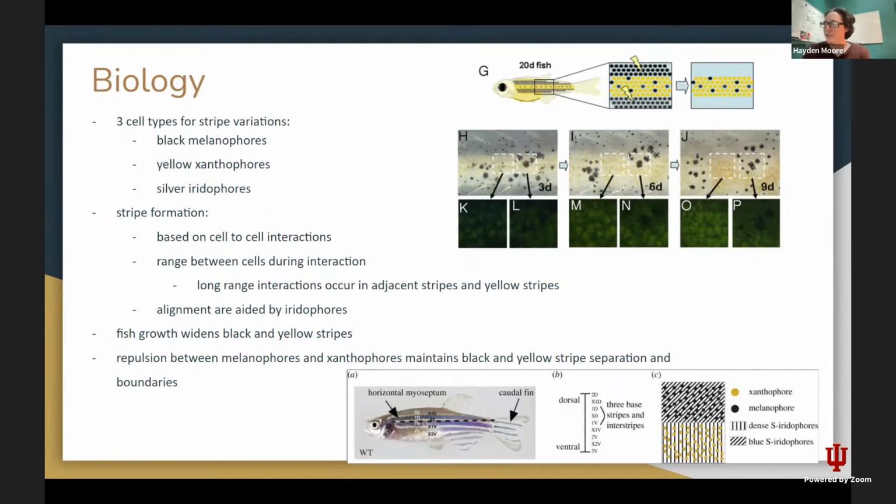So long-range interactions occur in adjacent stripes and in yellow stripes. And like I said, the alignments are aided by the iridophores. And also these stripes seem to grow and widen and change as the fish develop and age. And we're also looking at how repulsion between melanophores and xanthophores maintains black and yellow stripe separation in their boundaries.